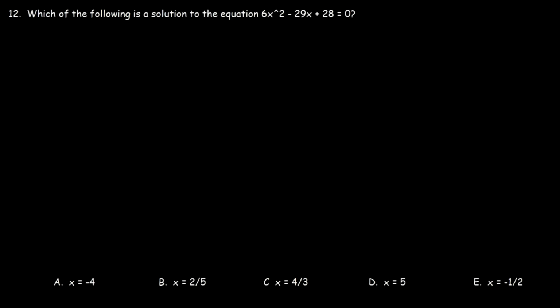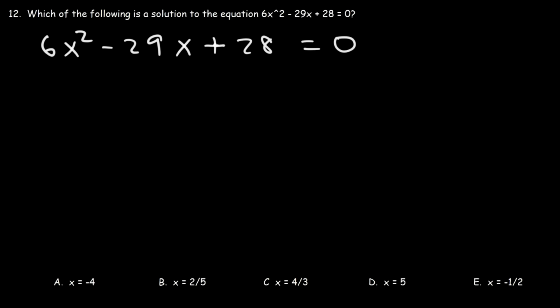Number 12. Which of the following is a solution to the equation 6x squared minus 29x plus 28 equals 0? So what techniques do you think we need to use in order to solve this equation? Now, there's different things you can do.